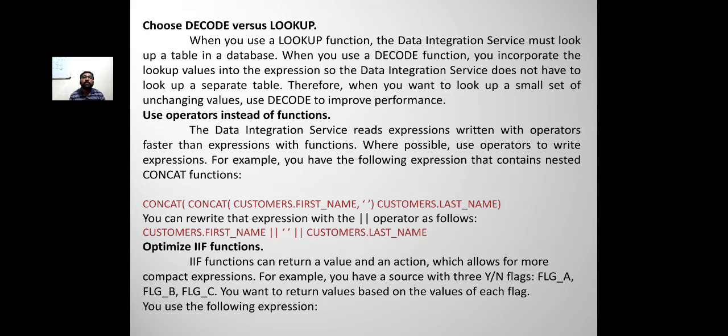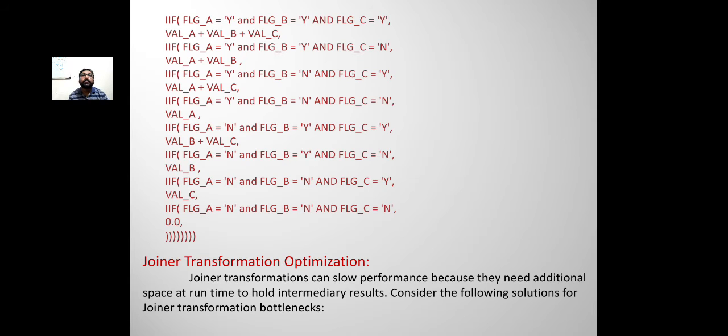You use the following expression. Next, joiner transformation optimization. Joiner transformations can slow performance because they need additional space at runtime to hold intermediate results. Consider the following solutions for the joiner transformation bottleneck.